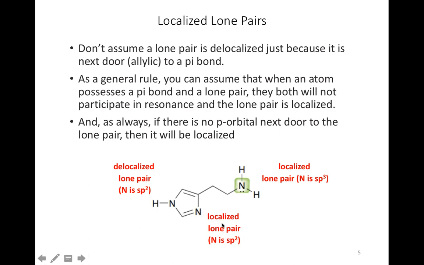So the nitrogen is sp2 hybridized, but that unhybridized p orbital is already being used to form this double bond, so the lone pair must be in an sp orbital, and it's going to be localized. Right? This nitrogen, its lone pair is allylic to a double bond, and it's not already using its p orbital, and so this lone pair is delocalized. In order to be delocalized, this nitrogen must be sp2 hybridized.